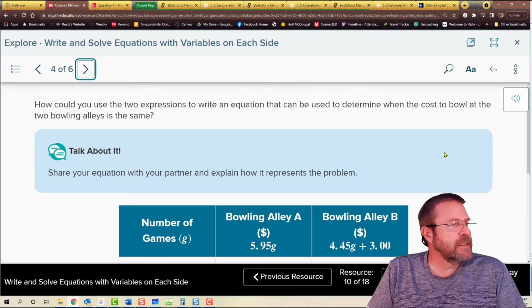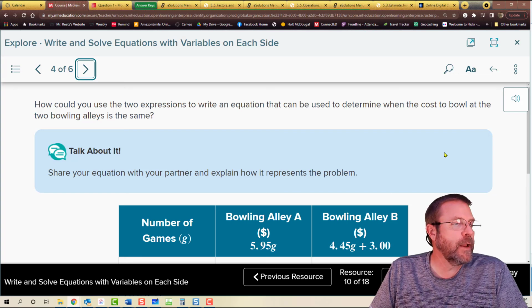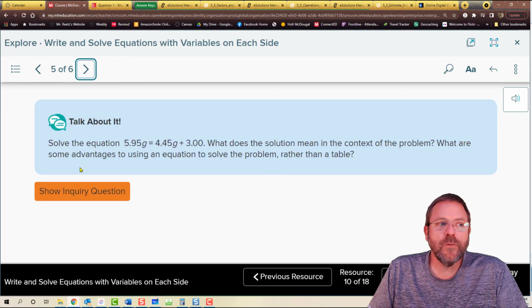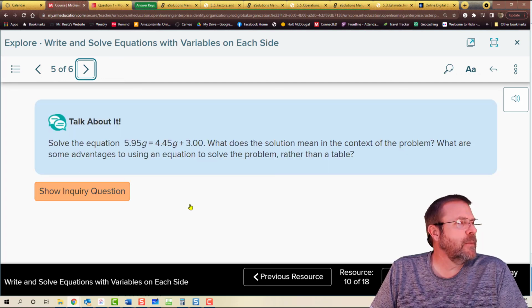Now the question says, how could you use the two expressions to write an equation that could be used to determine when the cost to bowl at the two bowling alleys is going to be the same? So what we're going to do is take those two expressions and set them equal to each other.